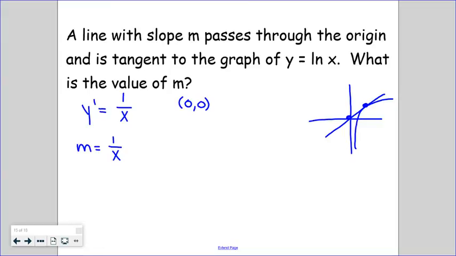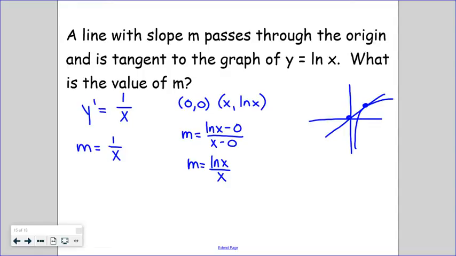And if it's some x value, when I plug x in here, I get natural log of x, right? So that would be a second point on this line. And the slope of that line, which we call m, would be my slope formula between those 2 points. Natural log of x minus 0 over x minus 0, or m equals the natural log of x over x, which is still not a value, is it?